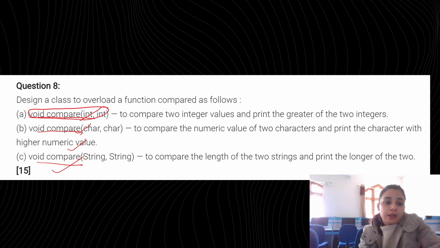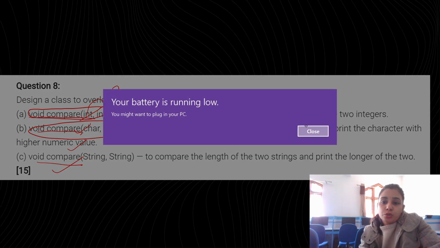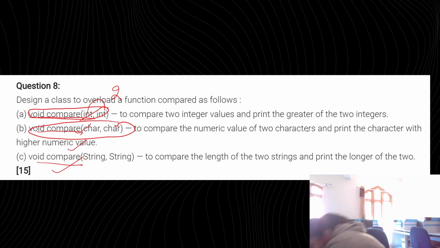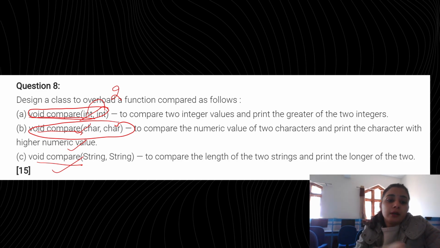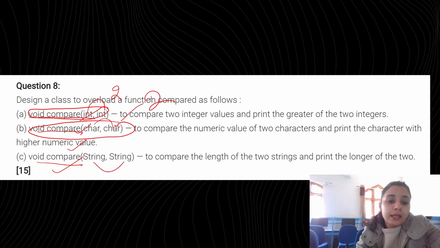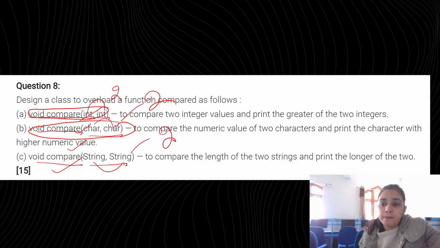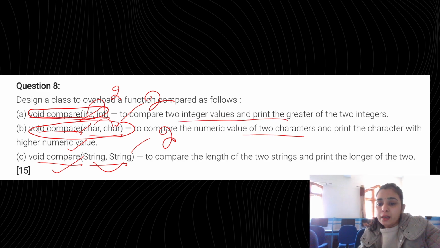You have to create three functions with the same name, of course, but here the number of arguments is 2, here is also 2, and here is also 2, but it is integer type, it is character type, and it is string type. Okay, so that is the simple thing given there, what do you have to do? It is 15 marks, that is very easy.